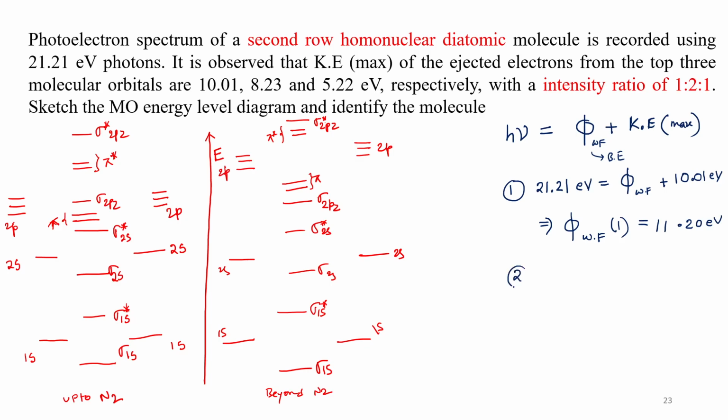Okay. For the second, it is 21.21 eV again, and 8.23 eV is the work function for the second peak. So the binding energy for the second is 21.21 minus 8.23, right?